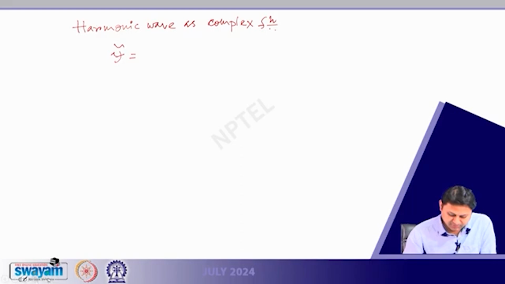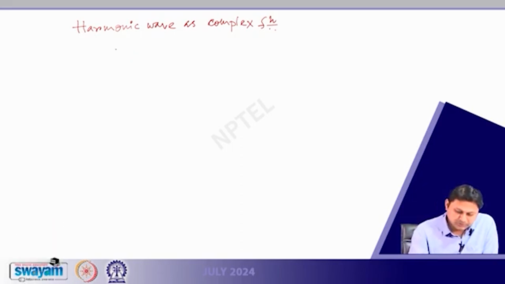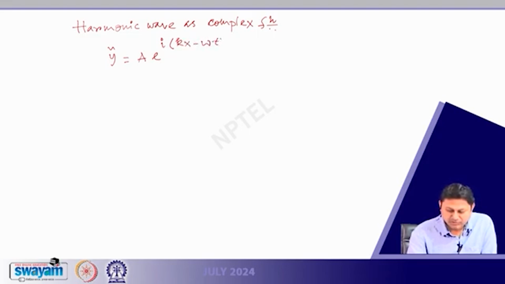So y tilde is equal to a e to the power of i (kx minus omega t). Now we know all the values, what is k, what is omega, and now we are allowed to write the expression like this.